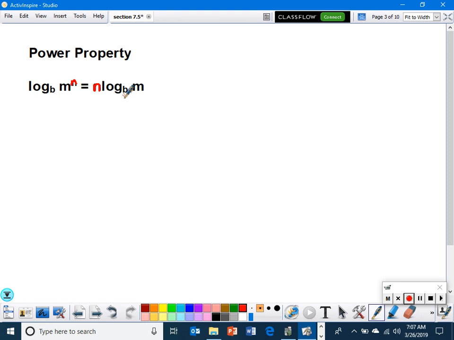All right, let's look at just a couple of examples. Let's say we have log base 3 of 5 to the 4th power. Rewrite it. Well, the 4 goes in the front, so we rewrite it as 4 log base 3 of 5. That's it.